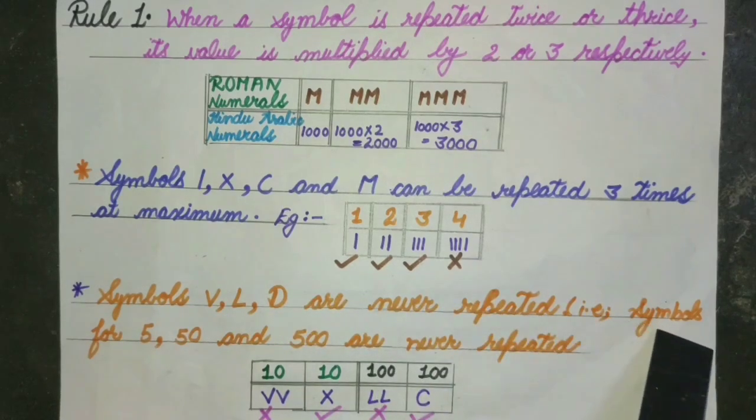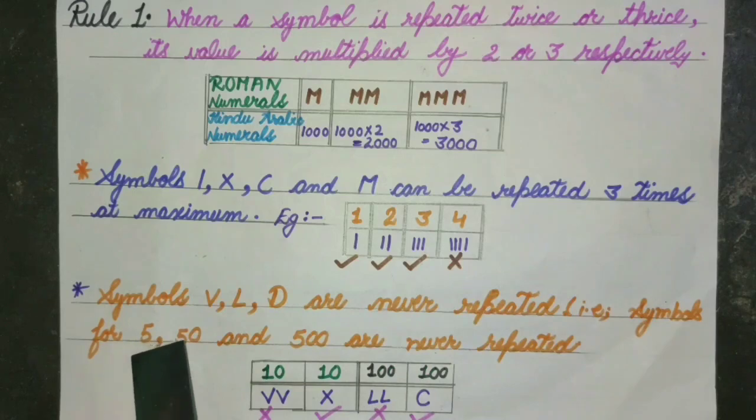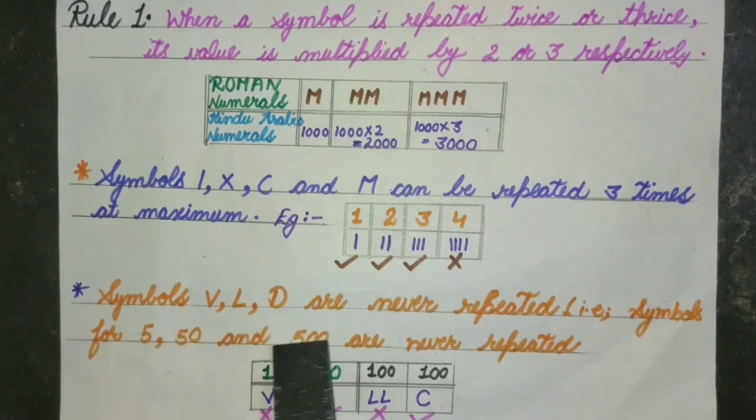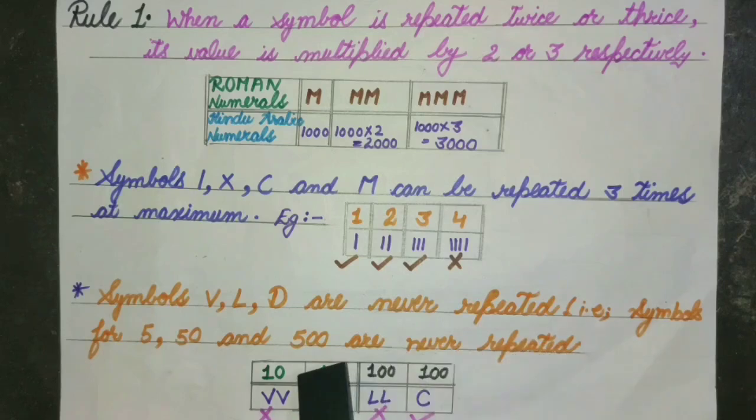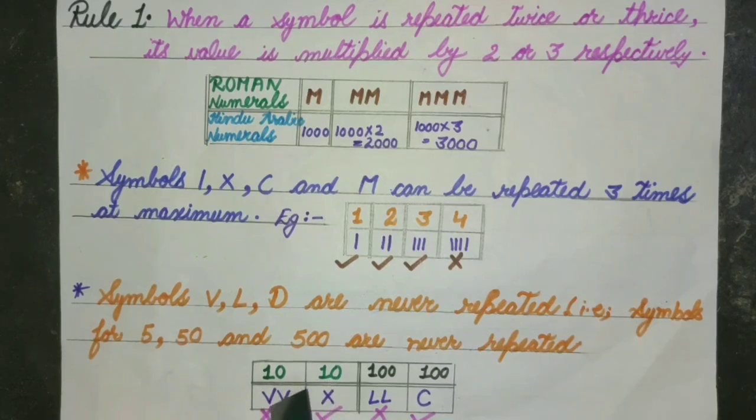That is, symbols for 5, 50 and 500 are never repeated. Just have a look. 10 cannot be written as VV. As I told you in the beginning of this video, 10 is written as X. We cannot write VV. It will be wrong.